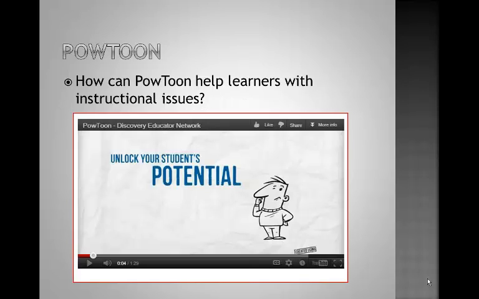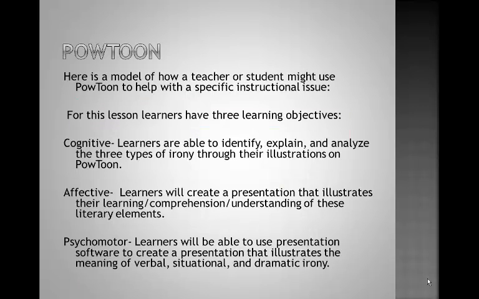How can Powtoon help learners with instructional issues? Powtoon can be used with merely click and drag ease. Here is a model of how a teacher or a student might use Powtoon to help a specific instructional issue. For this lesson, learners have 3 learning objectives. Cognitive. The learner is able to identify, explain, and analyze 3 types of irony through the illustration on Powtoon.